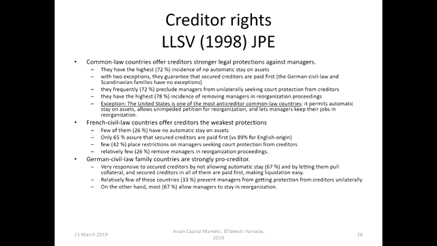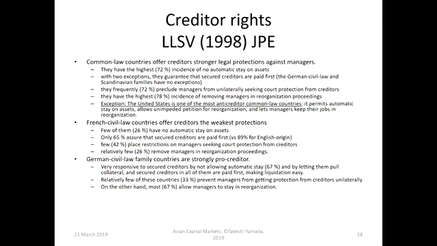Only 65% assure that secured creditors are paid first, versus 89% for English origin, which means common law countries. Only 42% place restrictions on managers seeking court protection from creditors. And relatively few, 26%, remove managers in reorganization proceedings. So that's the French civil law.